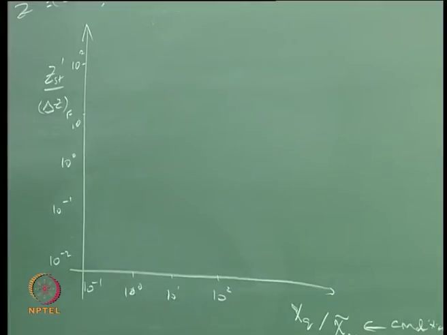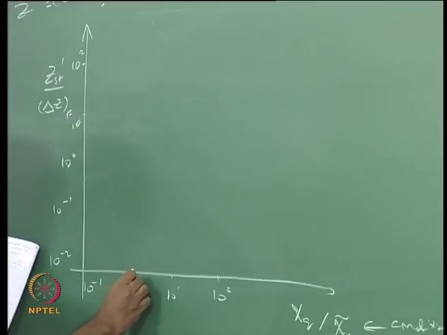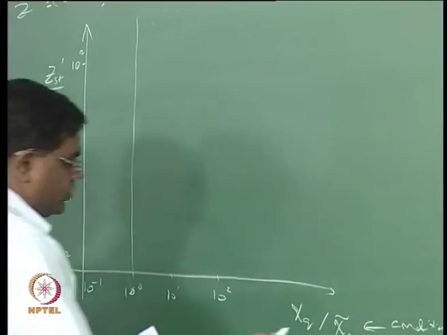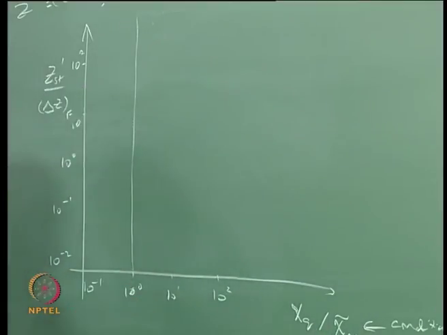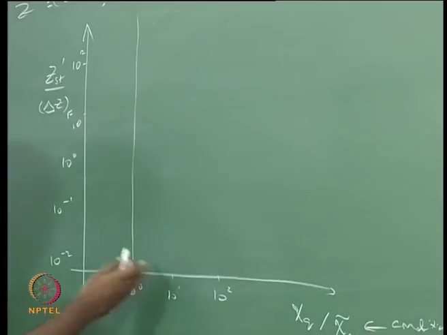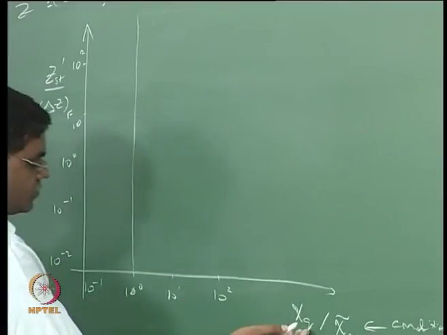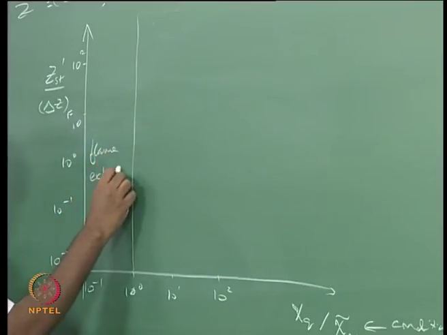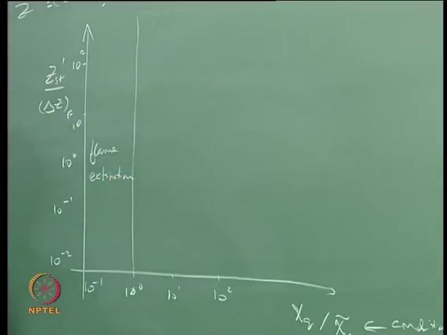What we should be interested in is a region that's greater than chi q by chi st greater than 1, because when you have a region that is less than 1, this is the extinction chi. So essentially this corresponds to flame extinction.